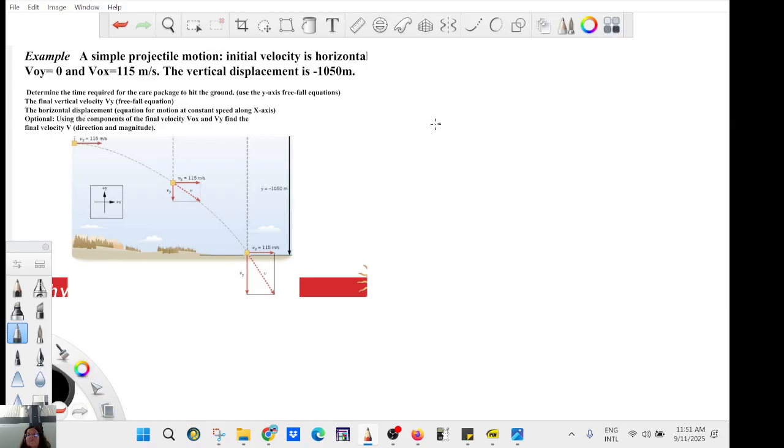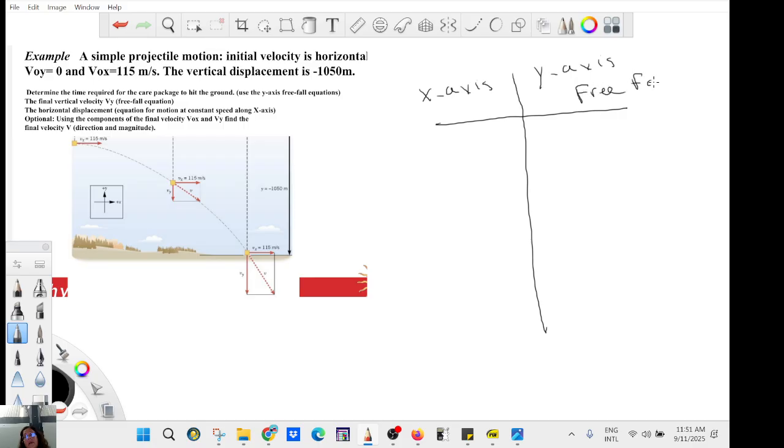So if I do the formalism, I'm going to do here forward motion, y-axis, that will be free fall. So that will be x and y. Okay, so what do I know? I know this is always negative 10.